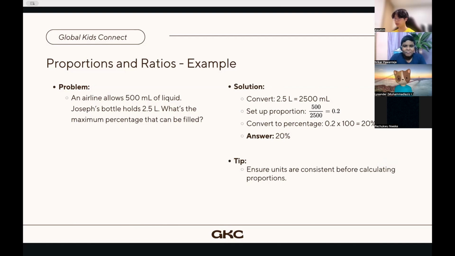A tip for this kind of question is to make sure that units are consistent before calculating any proportions. There are students that make this clumsy mistake. For me also, when I was first studying for the SAT, I was very focused on solving as many questions as fast as possible.